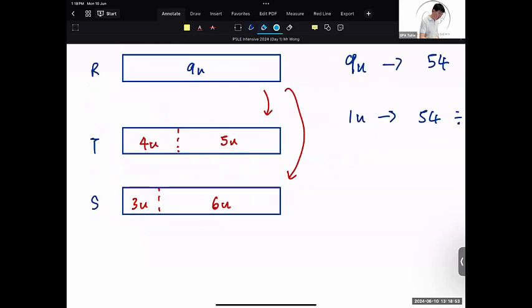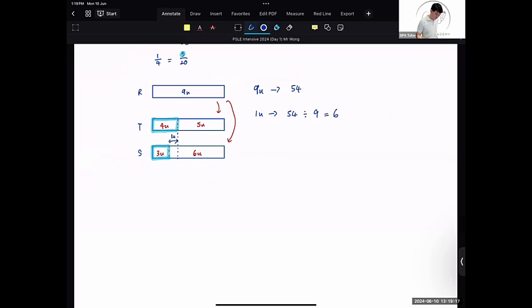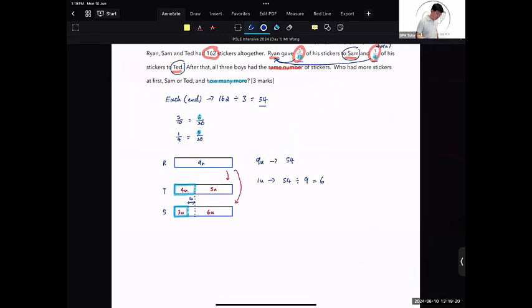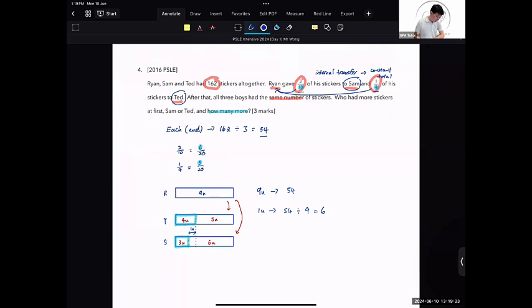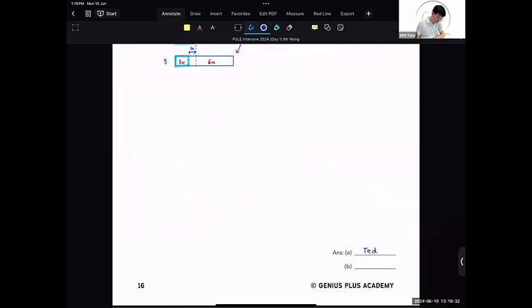You look at original. So the difference at first given in the model is 1 unit, and therefore actually that's the answer. Okay. So from this part, we know that Ted had more stickers at first, and he has 6 more stickers at first. There are 2 blanks given, so one is for you to fill in the name, and the other is for you to fill in the difference. Okay.